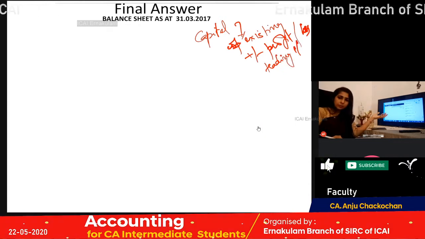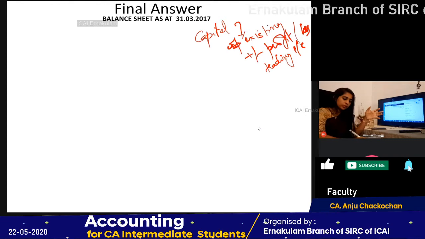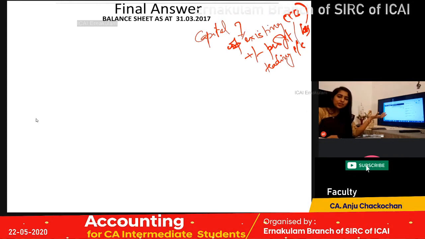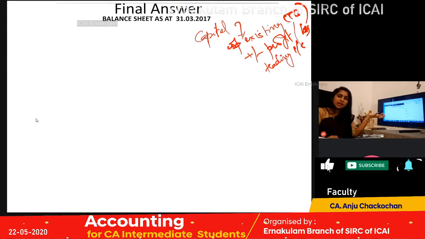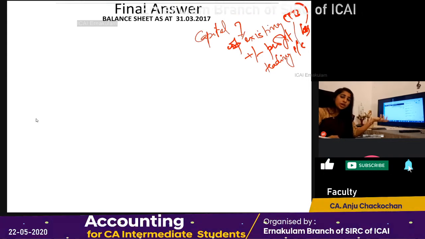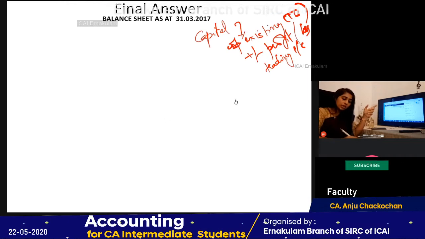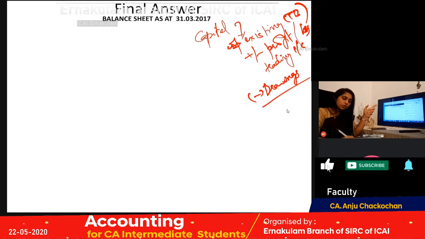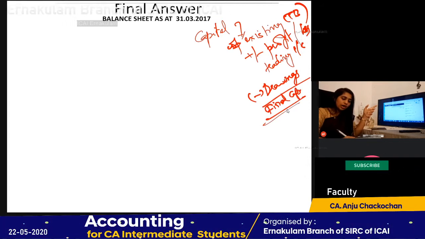We have the capital given in the trial balance. To that we add or minus the profit or loss we have already received in our departmental P&L account. We also have drawings in the question. Drawings have to be reduced so that we get the final capital which should be taken to our balance sheet.